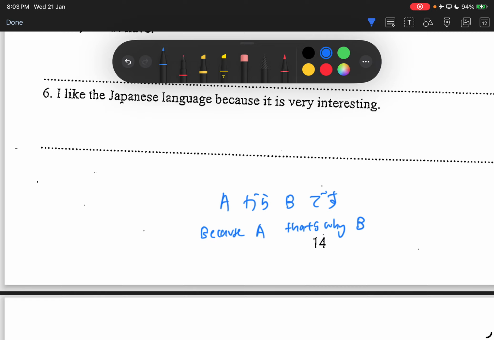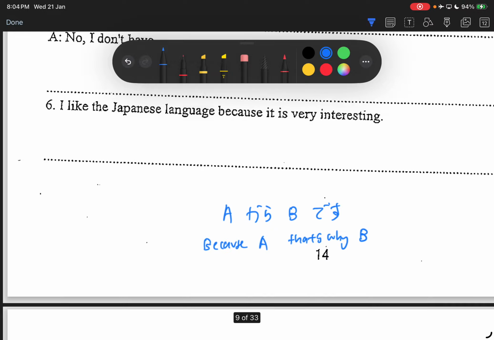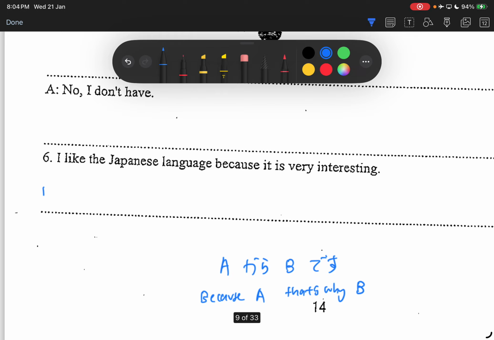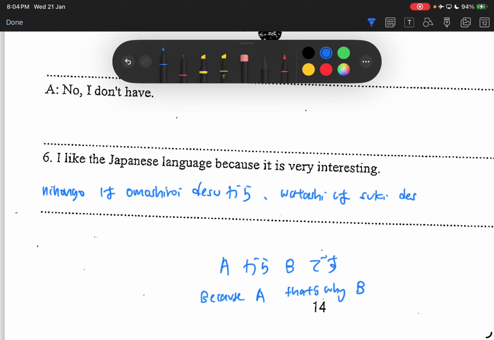Okay, I'll write out the sentence and then I'll explain again. 日本語は面白いですから私は好きです。 Actually we split it into two sentences, the first sentence and the second sentence.